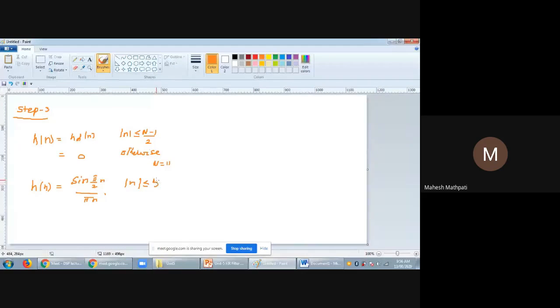Otherwise it equals 0. Have you understood this step? Any confusion here? No, sir.